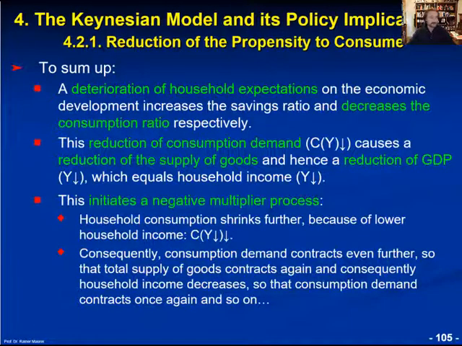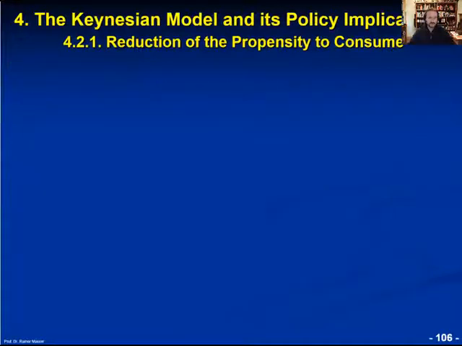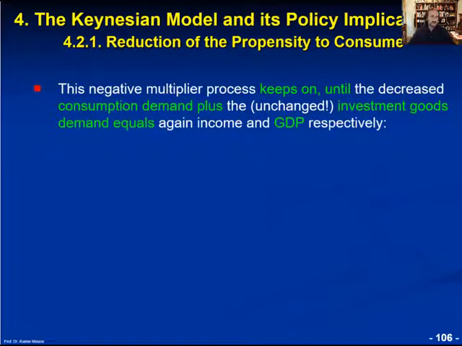We have already discussed the working of the multiplier process. The negative multiplier process keeps on until the decreased consumption demand plus the unchanged investment goods demand equals again GDP, respectively.